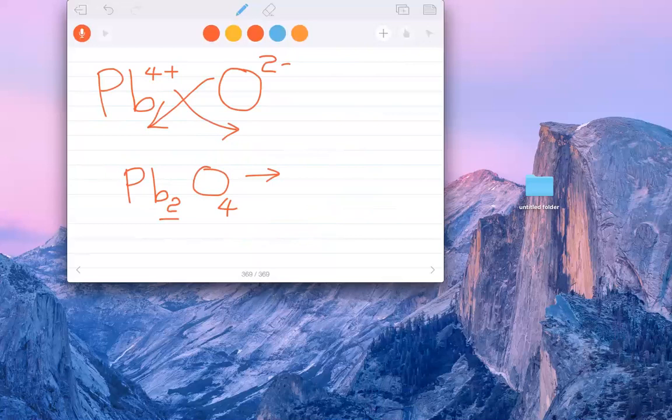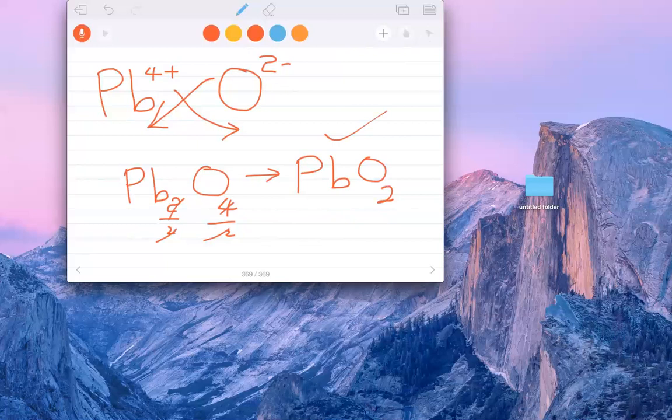We can divide this by 2, and the correct formula for this is PbO2, and this is the correct formula for lead-4 oxide. We're going to talk about how to use the Roman numeral later. So that's how the crossover rule works for binary ionic compounds.